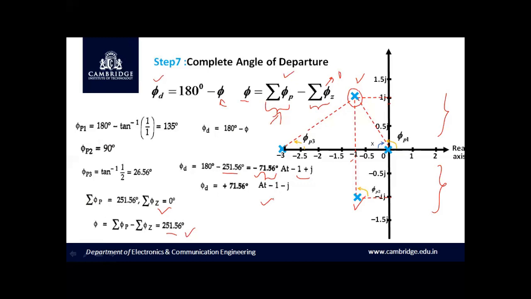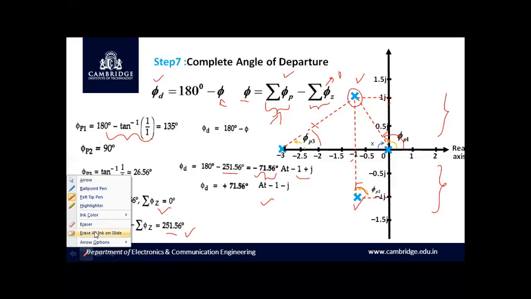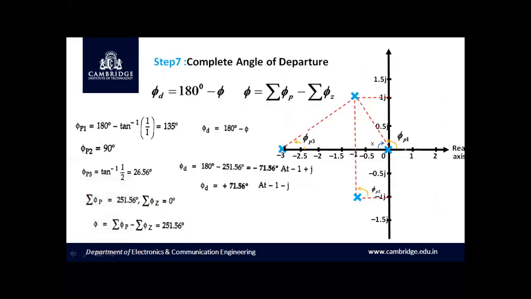As I told you before, the angles of contribution phi p1, phi p3 and phi p2 can be directly calculated making use of a protractor, or you can make use of these formulas. Now let us justify these answers making use of the protractor, and let us justify that phi p1 is equal to 135 degree.